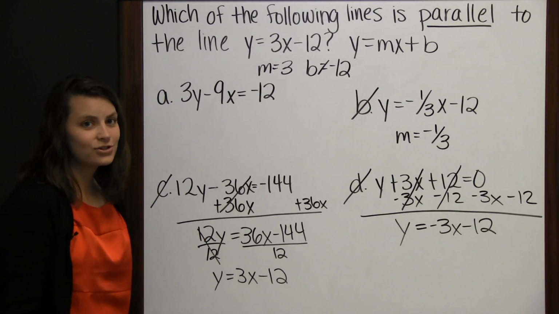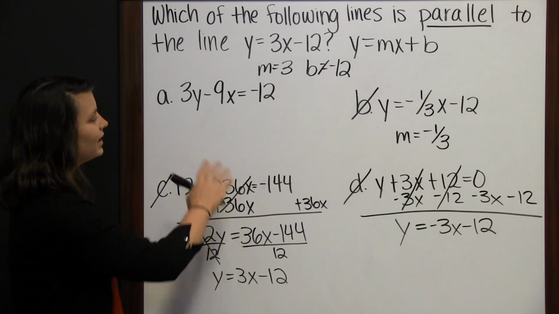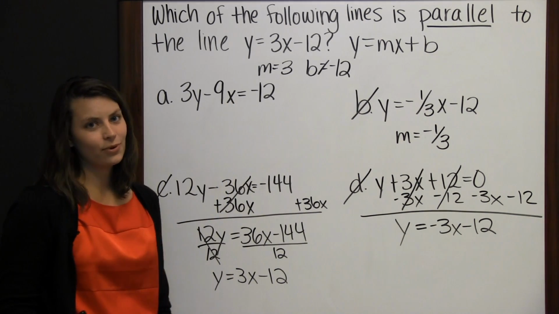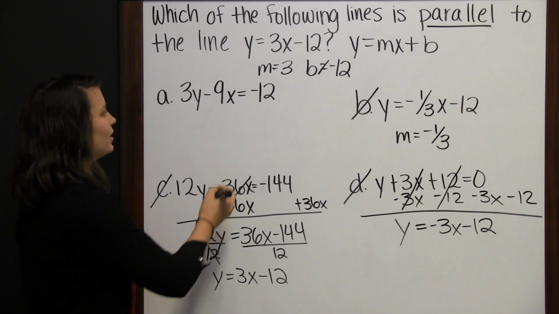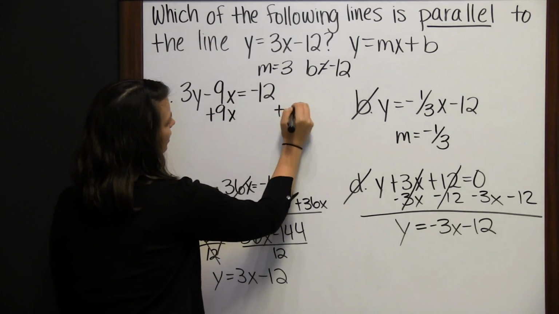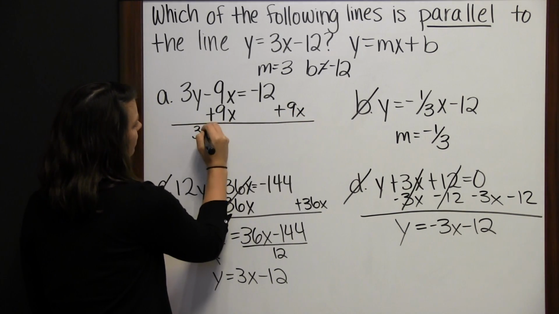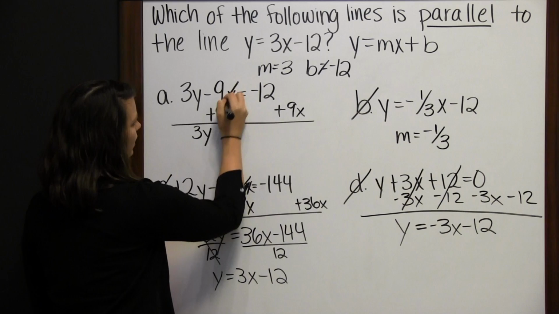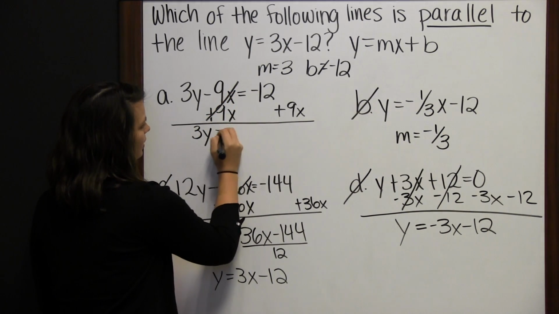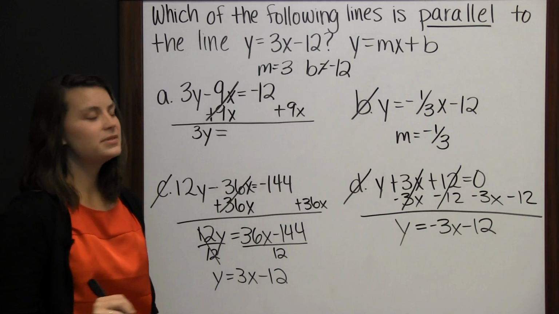Well, we're down to our last choice, so hopefully A is going to be parallel. Again, it's not in slope-intercept form, so we have to transform. We need to solve for y by first adding 9x to both sides. So we have 3y, -9x plus 9x cancels, equals, these are not like terms, so we can't add them together.